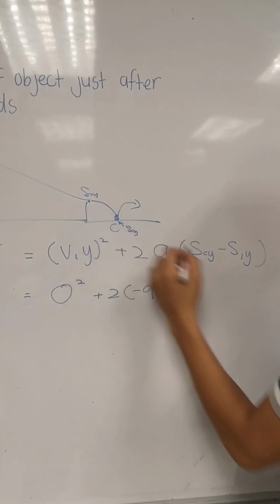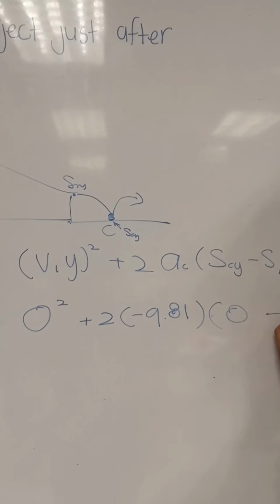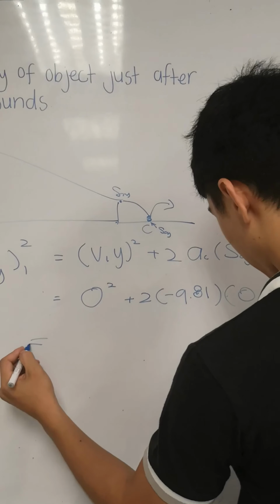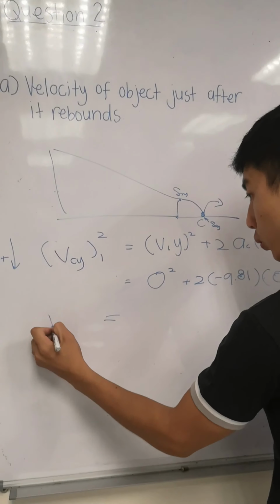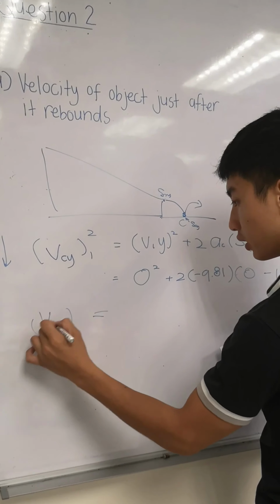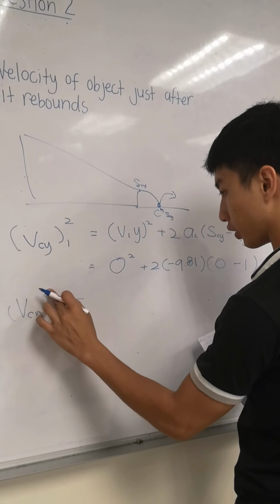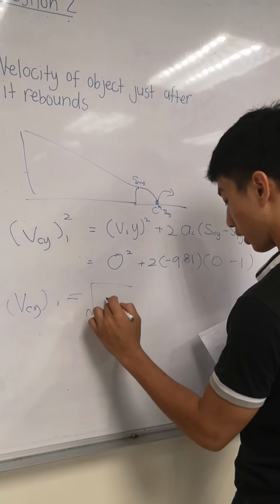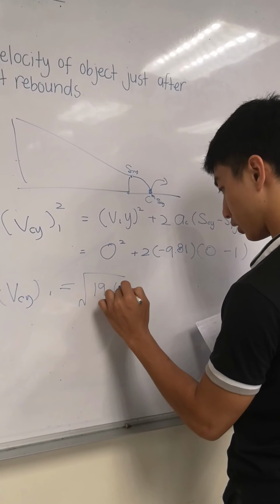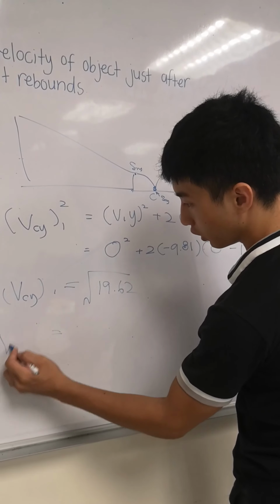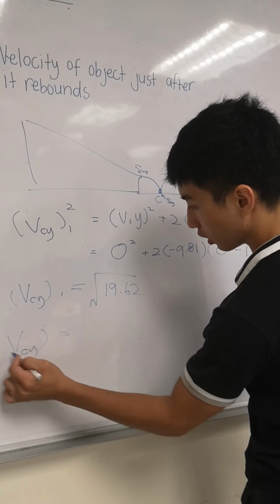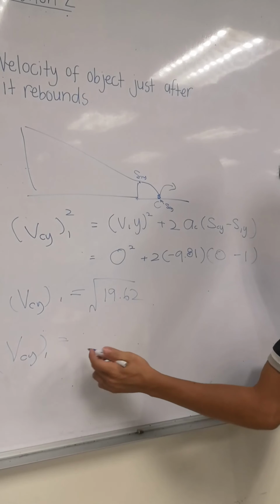So SCY is 0 minus 1. So we get VCY squared, VCY1 equals square root 19.62, and VCY1 is equal to 4.4294.